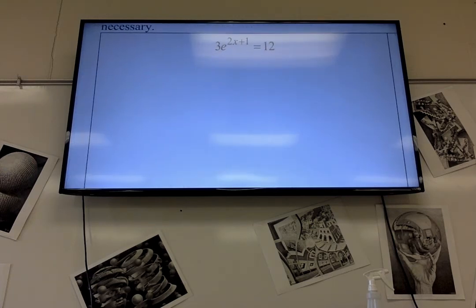Same thing here. I want to get the exponential expression by itself, so that's the e to the whatever. So I divide by 3. I get e to the 2x plus 1 equals 4. Then, on the last problem, I tried to make the two bases the same.